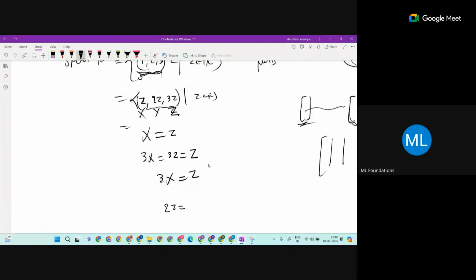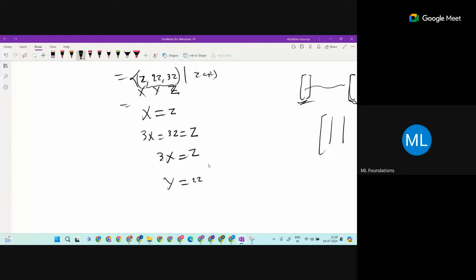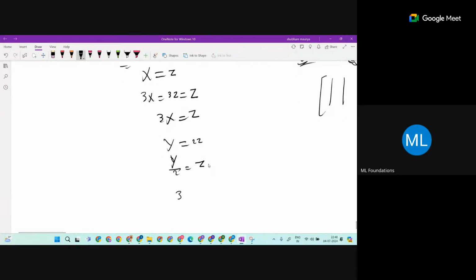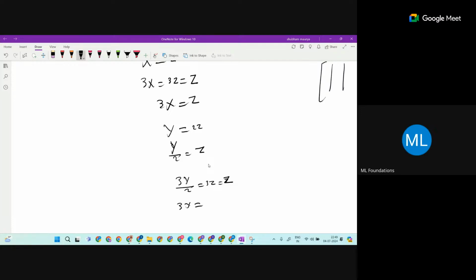Second equation: y is equal to 2 small z, so y by 2 is equal to z. 3y by 2 is equal to 3z, which is equal to capital Z. So 3y is equal to 2z. One equation we got here is 3x is equal to z, and the second equation we got is 3y is equal to 2z.